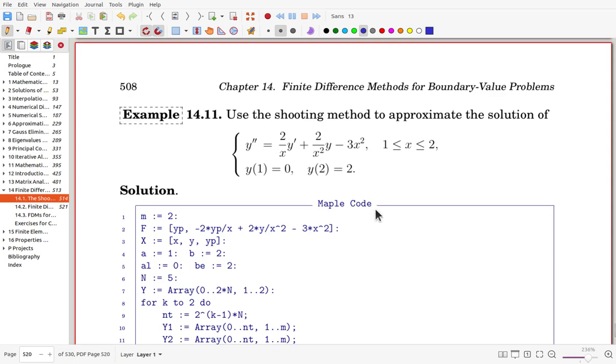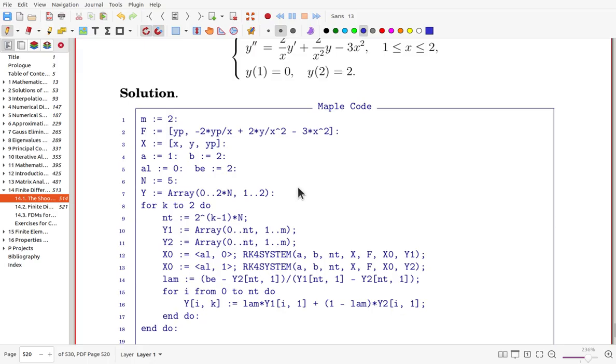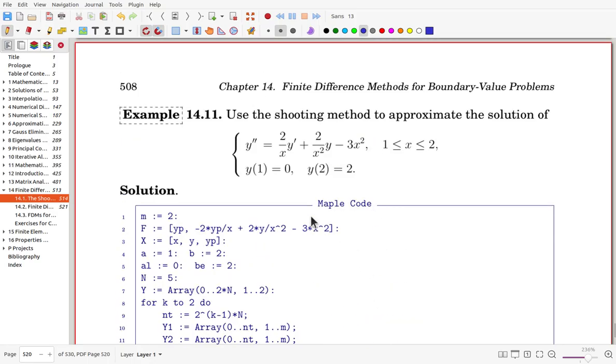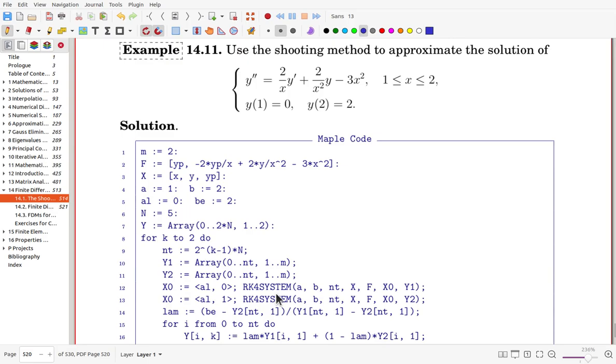For this one, again by using the RK method, for each one we introduce yp, and then we try to make the right side. Okay.